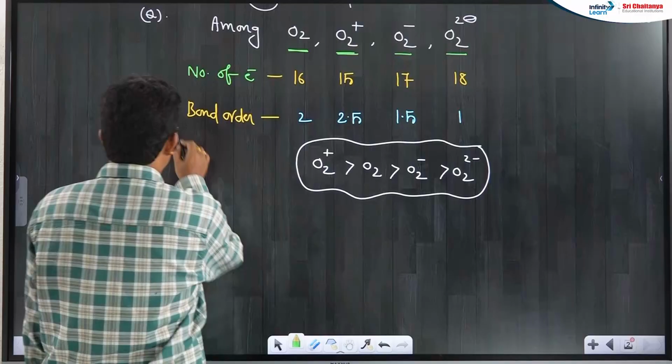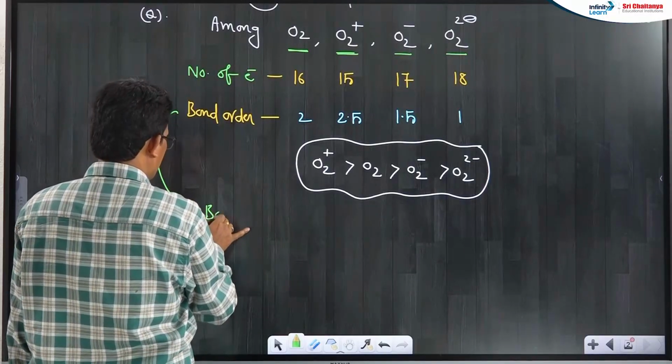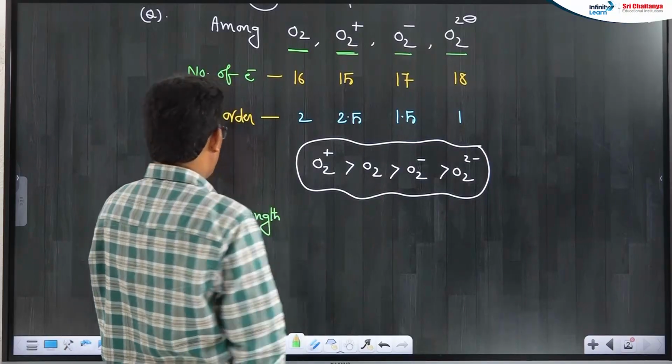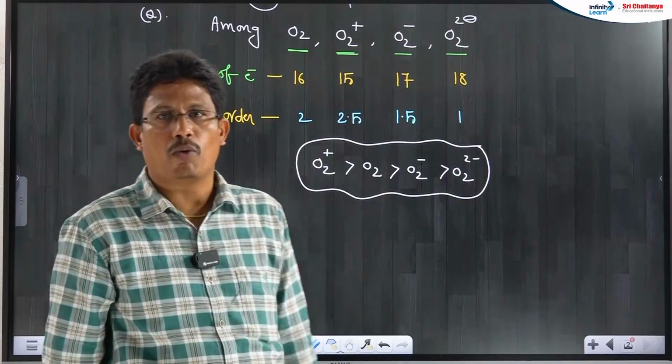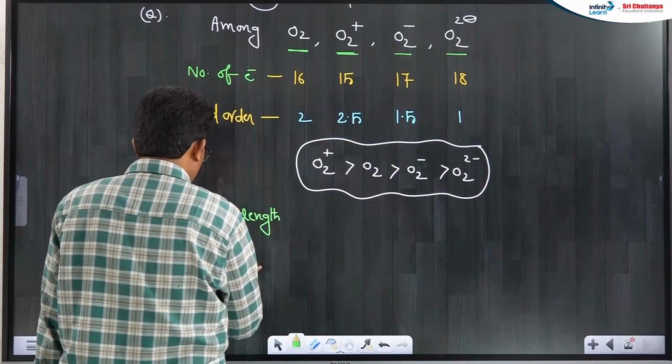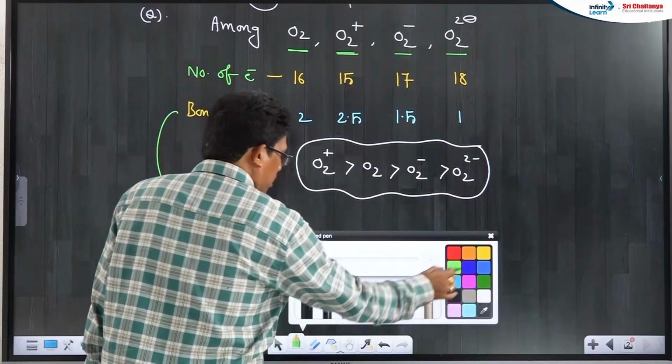What about bond length? Bond length is inversely proportional to bond order.